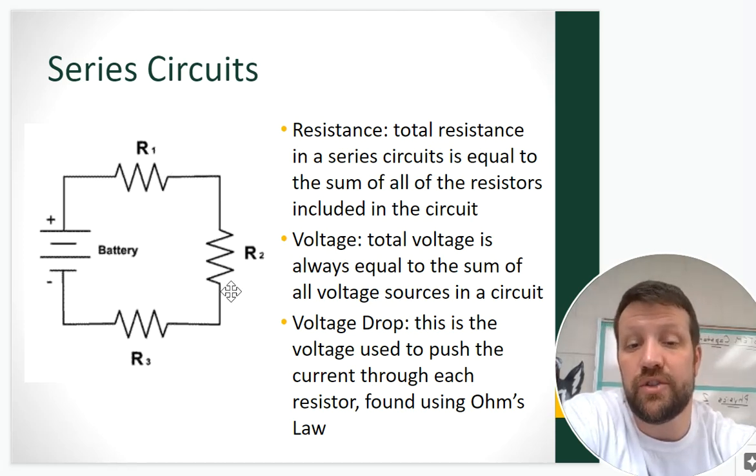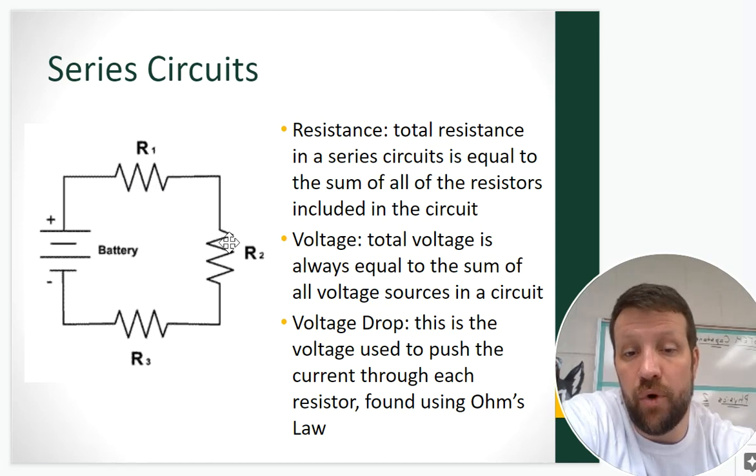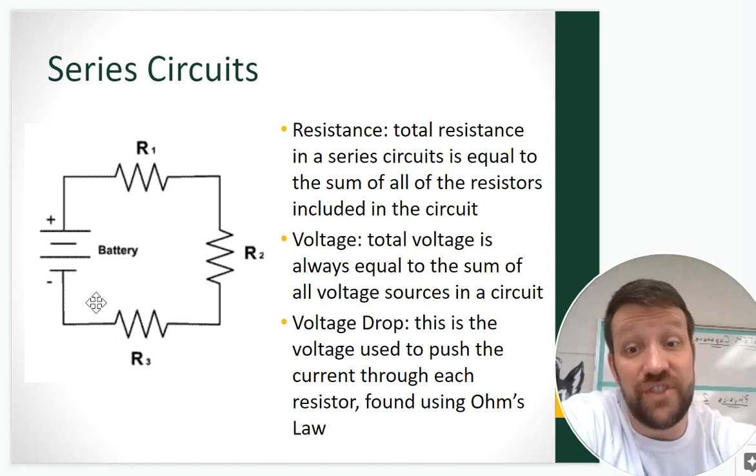So if each one of these is 3, and I made those numbers very even on purpose here, then I'm going to go right here, I'm going to have 9 volts. It's going to take 3 volts to push the current through this, and so I'm only going to have 6 volts left here. 3 more to push through this one, only 3 left here, 3 more to push through that one, and I'm down to 0 volts at this spot in the circuit.